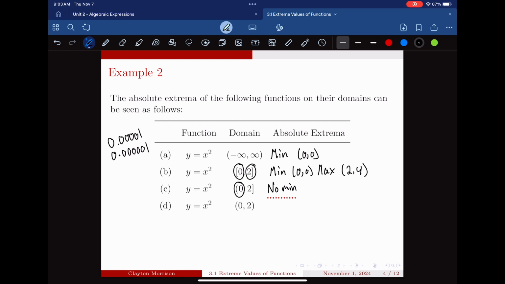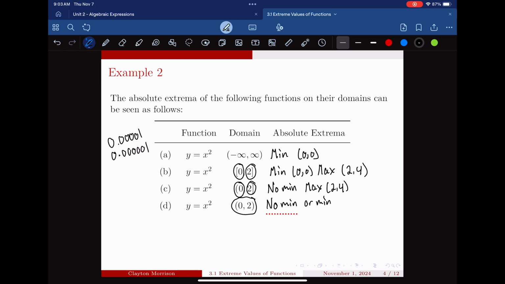So there is no min, but the max is still at 2 comma 4, because that is the largest you are going to get at 2, and you can actually plug in 2. And as you might have suspected, the next one has no maximum or minimum, because the domain does not include the endpoints. We are not including that 0 or 2.